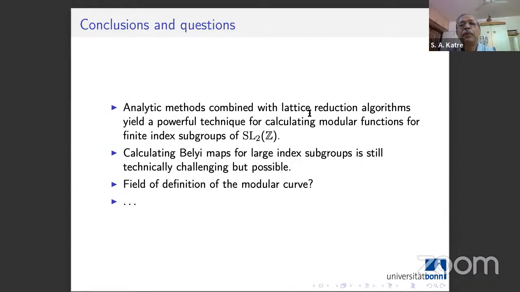So the point is simply, where this calculation is faster is where you use the analyticity and actually calculate the solution of the partial differential equation.